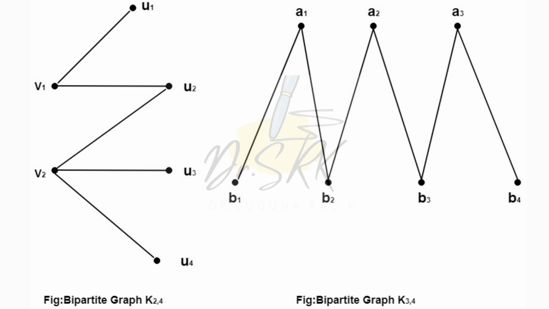So observe this. An edge is connected from a vertex in the first subset to the second subset of the vertex set. Second figure represents K34, means the first subset consists three vertices. The second subset of the vertex set consists four vertices.